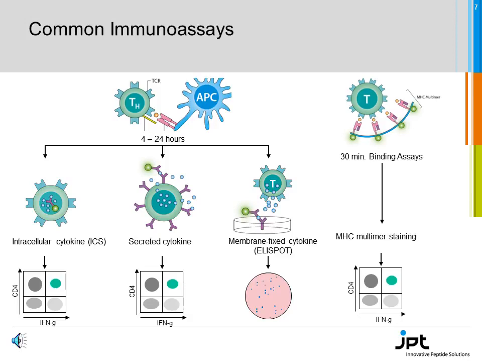The most commonly used single T-cell activation marker is probably interferon gamma. Combinations often include interferon gamma, tumor necrosis factor alpha, or TNF for short, and interleukin-2, or IL-2 for short. But other markers are used as well.